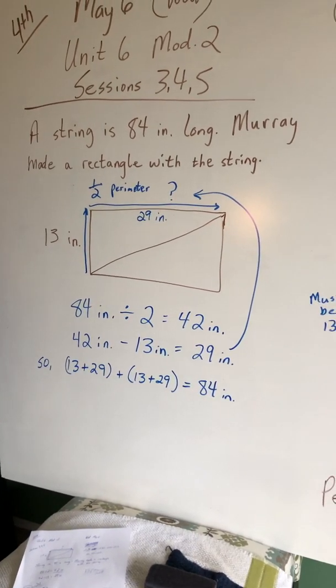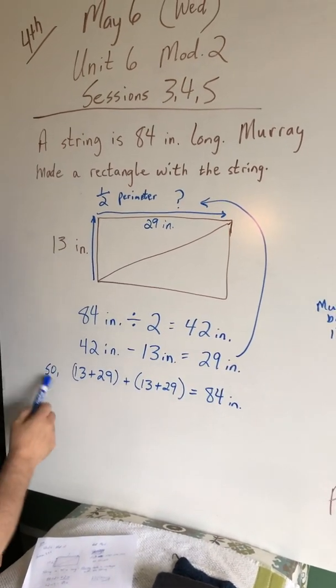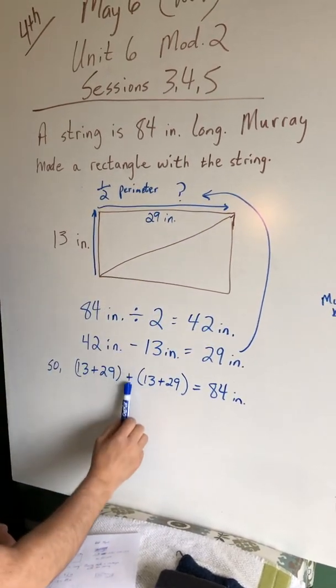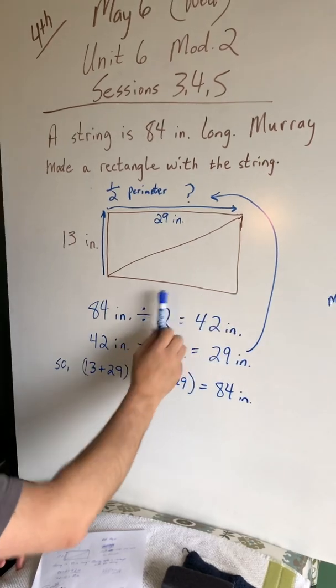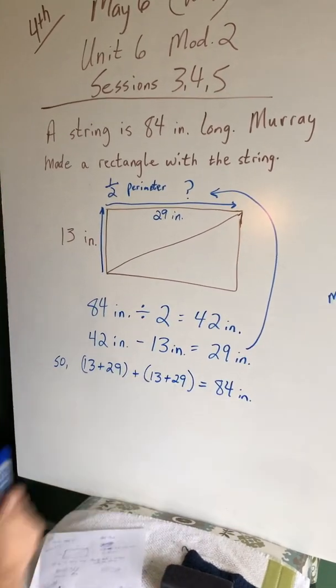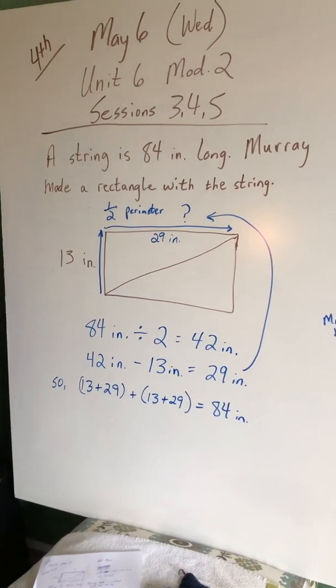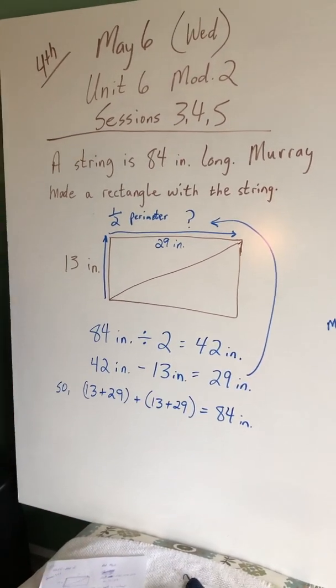Now we know all the dimensions, because 13 plus 29 plus another 13 plus 29 equals 84 inches, okay? So Bridges wants you to look at it both ways. I'm going to do it again, okay?